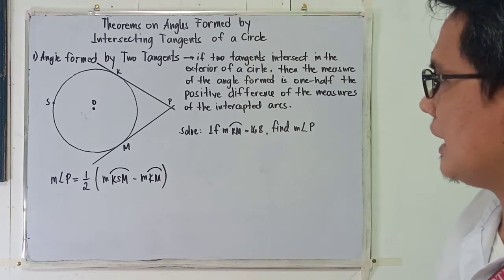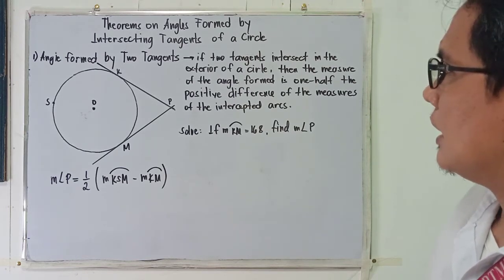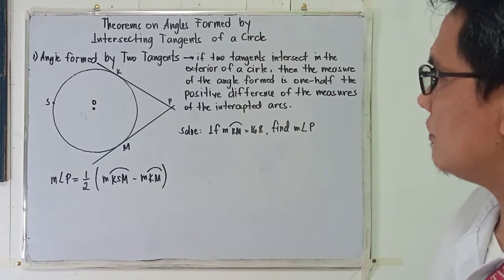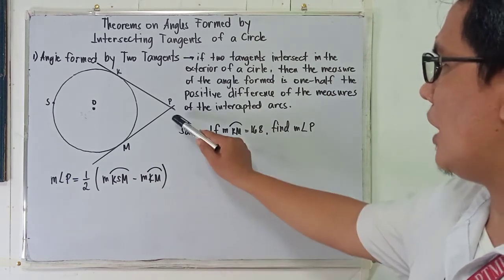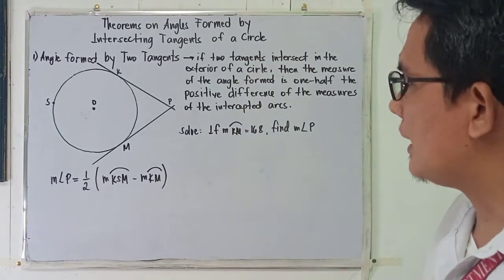And what is the relationship between the two points of intersection of the two tangents and the angle formed by the two tangent lines?